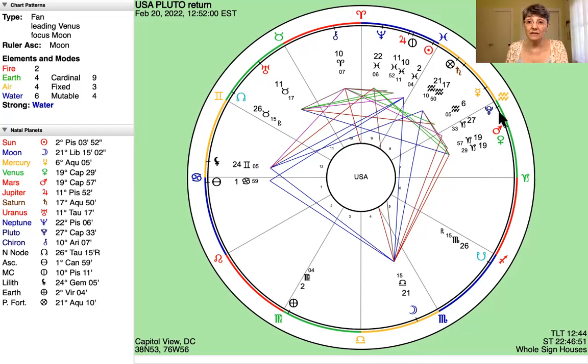Venus is with Mars and Pluto in the 7th house. So it could be conflicts with partners, country partners, allies, or even enemies of the country.